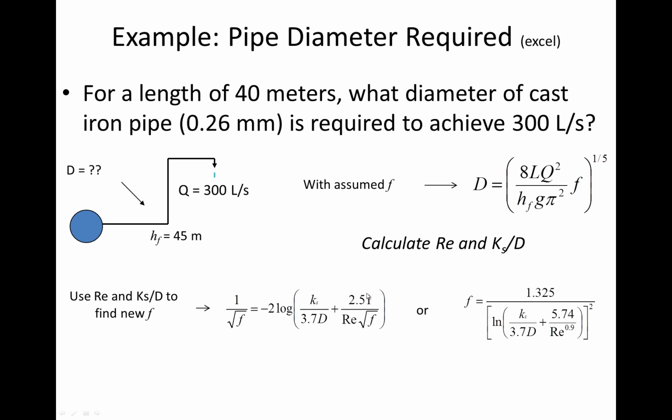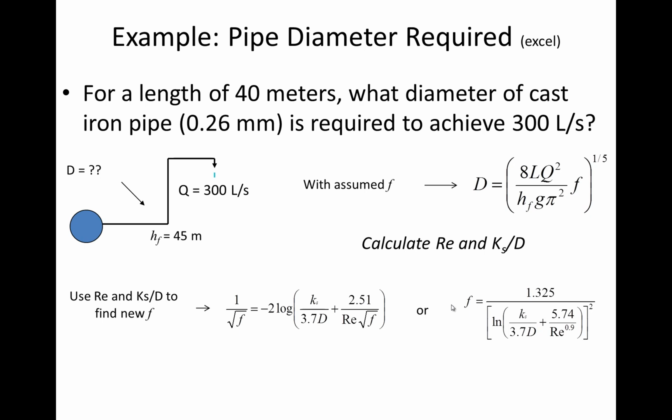Since I'm going to be doing it in a spreadsheet and I'd like for it to be relatively automated, I'll use the Jain equation, and it's generally good enough for our purposes, to find a new F based on these flow conditions. And then we'll compare what was our initial guess F value compared to this newly calculated F. And if they are perfectly equal, then that works out great for us.